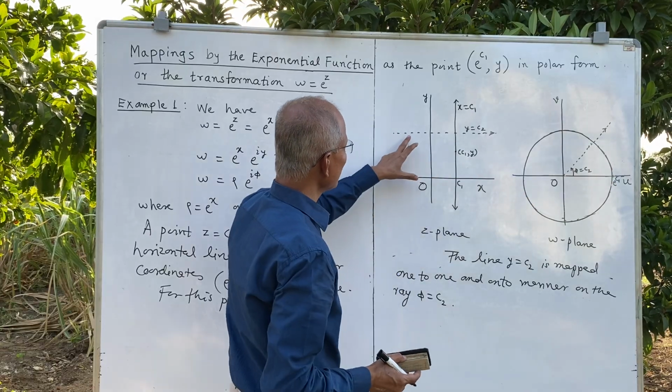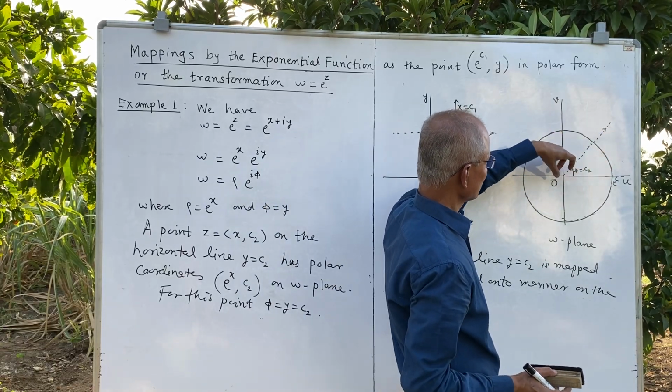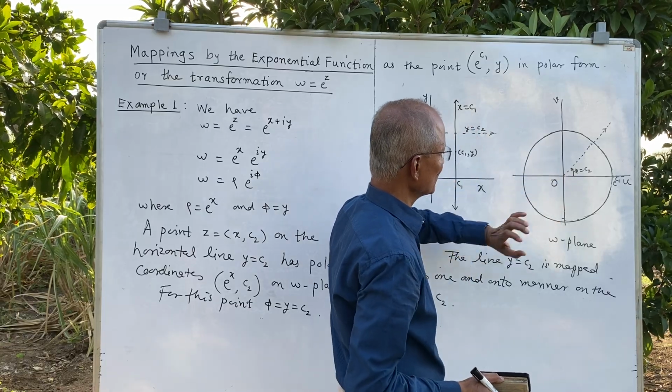So thus every point on this line is mapped on this ray, which starts from the origin.